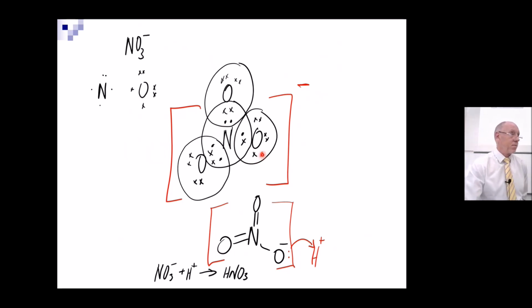So where does it come from? We don't know. It came from somewhere. It could have been from a hydrogen, could have been from a metal. This happens often because you can't go and buy a bottle of NO3 minus.